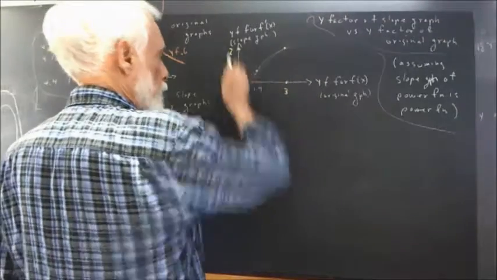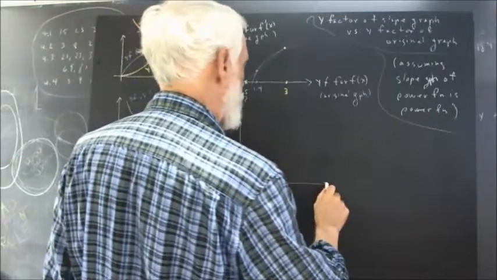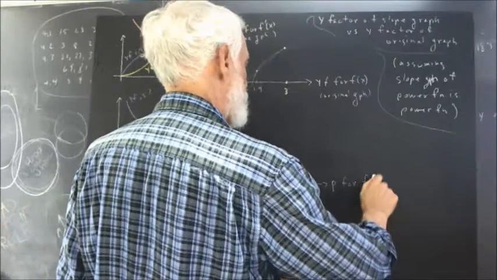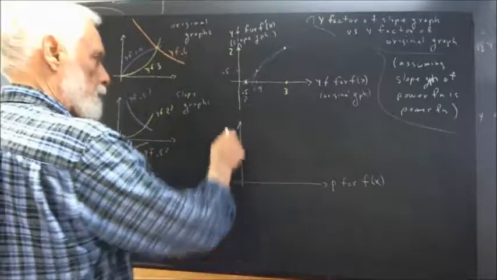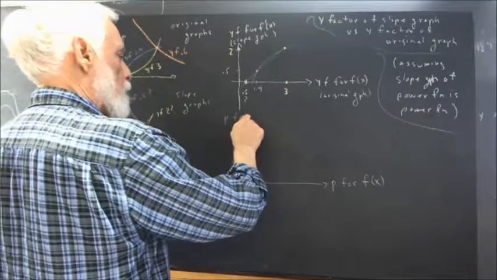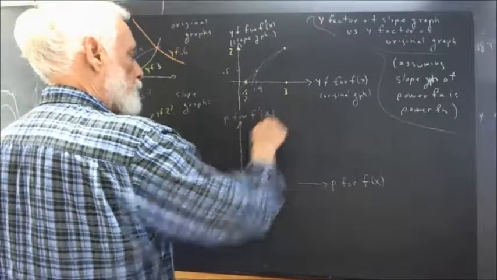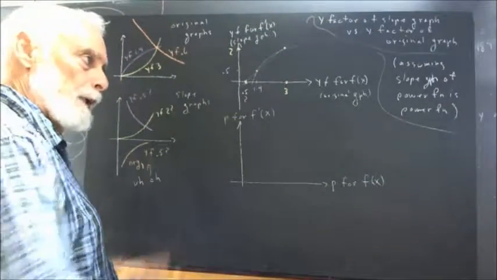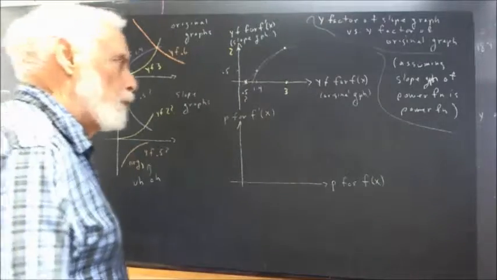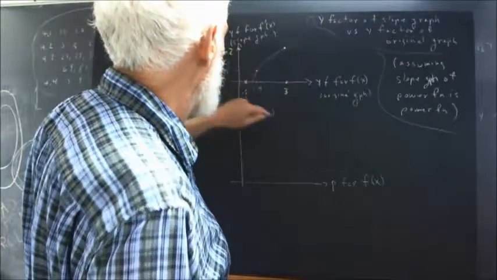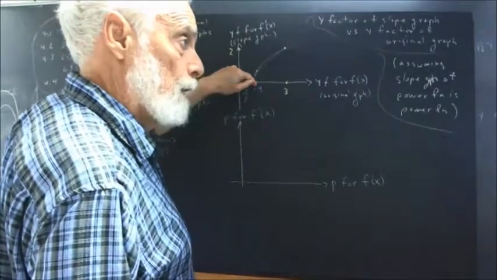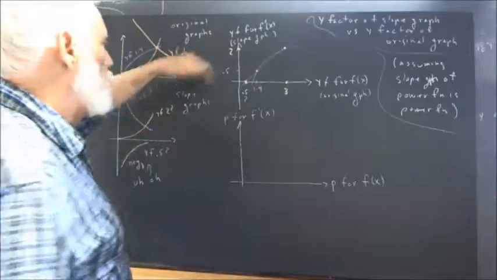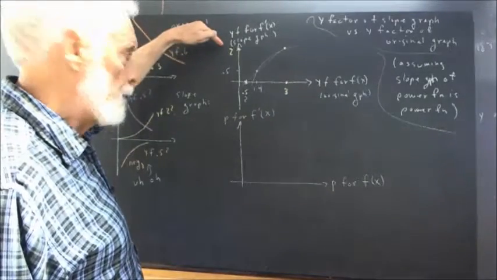from the values we have here from a y-factor, we can get the value of p as we just saw. The power p that corresponds to the original, and the power p that corresponds to the slope graph. So what power p goes with 3, what power p goes with 1.4, what power p goes with a y-factor of 0.5, what power p goes with a factor of 2?